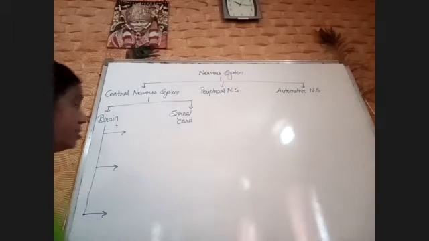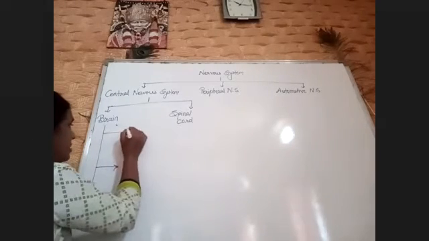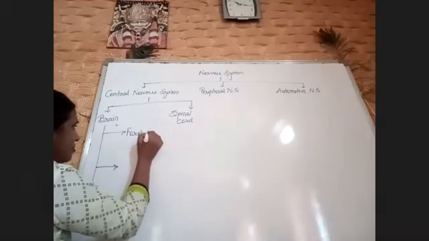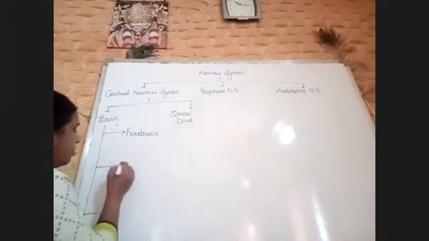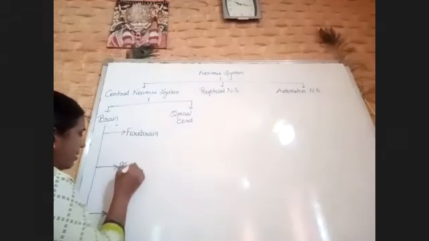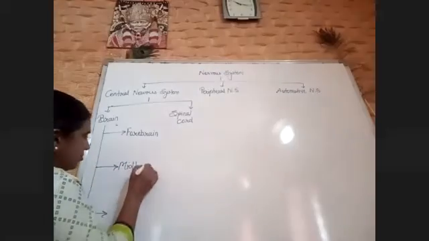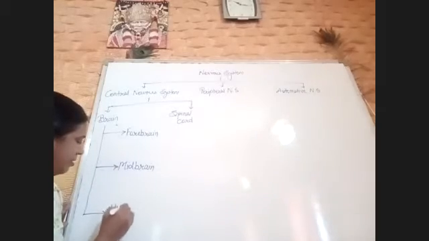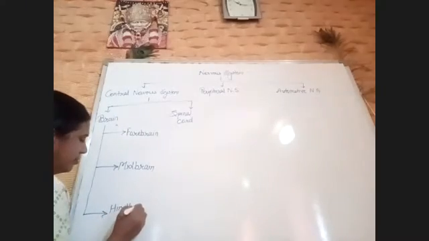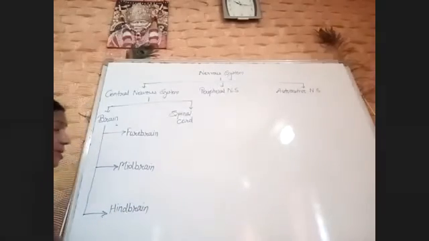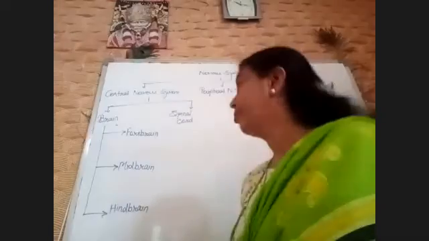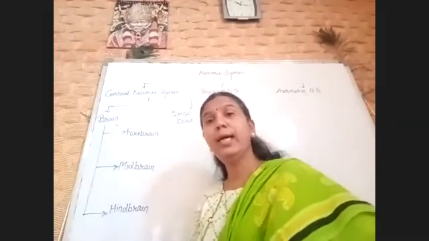Brain consists of 3 parts. First part is called forebrain. The second part is called midbrain. And the third part is called hindbrain. These are the main 3 parts of brain: forebrain, midbrain, and the hindbrain.